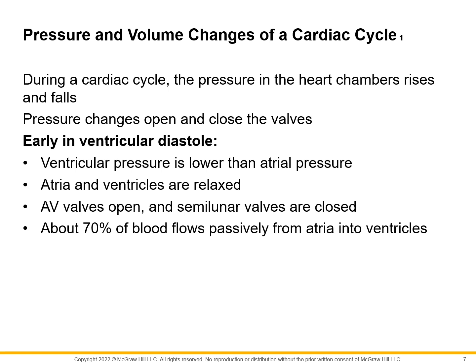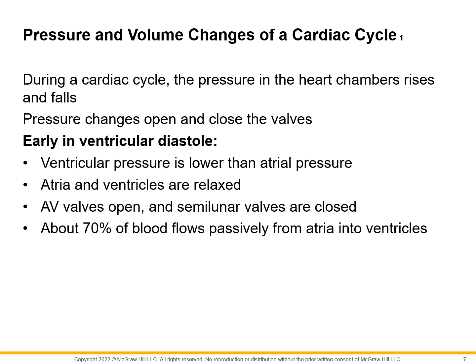So these are the different phases that the atria and ventricles go through. So we have early ventricular diastole, which is relaxation of the ventricles, and during this stage the ventricles are relaxed and the pressure is lower than in the atria.